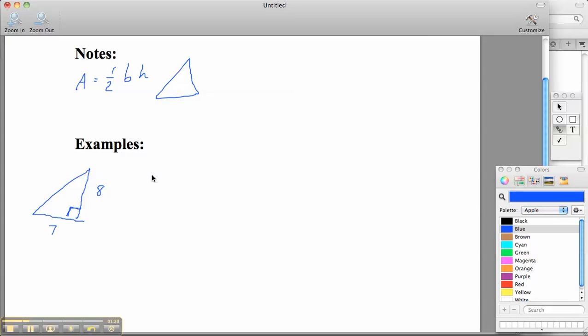So the area is going to be what? Area equals 1/2 the base, which is 7, times the height, which is 8. So which turns out to be 1/2 times 56.